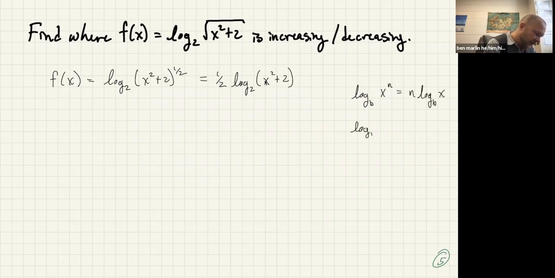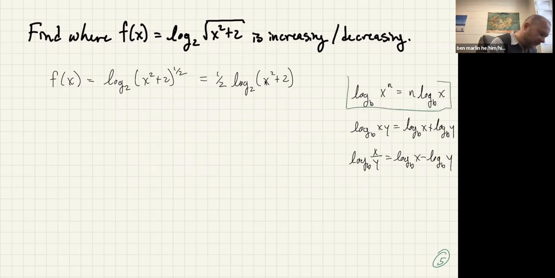Likewise, log base b of x times y is the log base b of x plus the log base b of y. And the log base b of x over y is the log base b of x minus the log base b of y. So I should put little rectangles around those so that we can spot them easier.